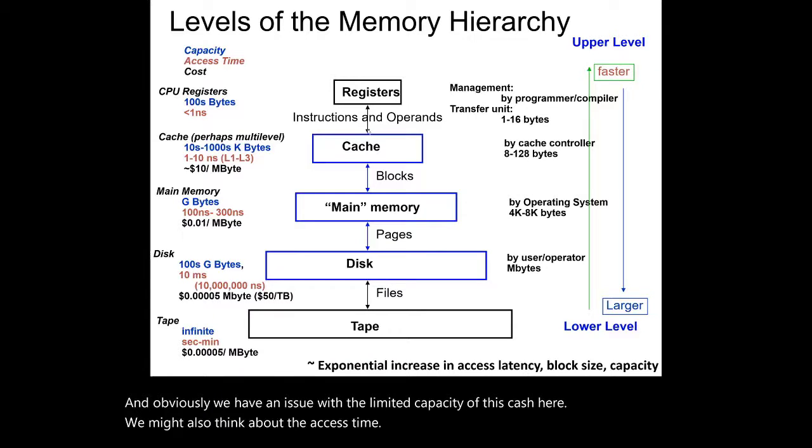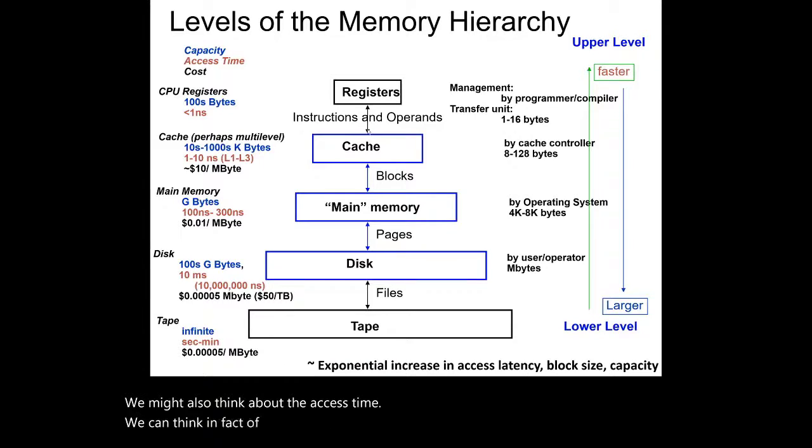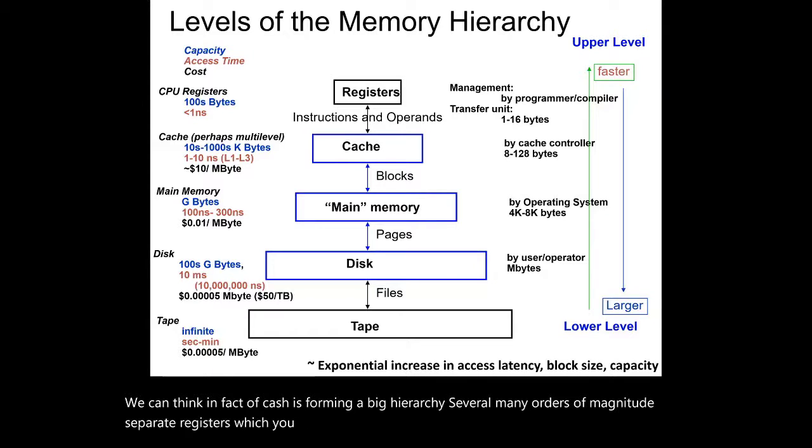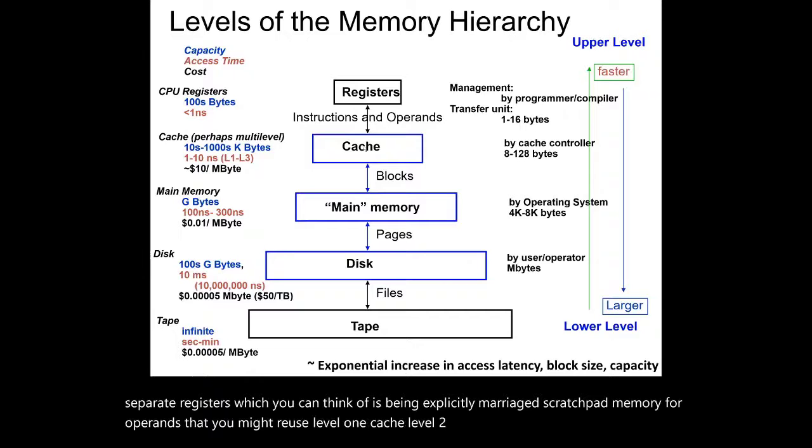We can think, in fact, of caches forming a big hierarchy. Many orders of magnitude separate registers, which you can think of as explicitly managed scratch pad memory for operands that you might reuse, level 1 cache, level 2 cache, level 3 cache. You can get processors these days with level 4 cache.